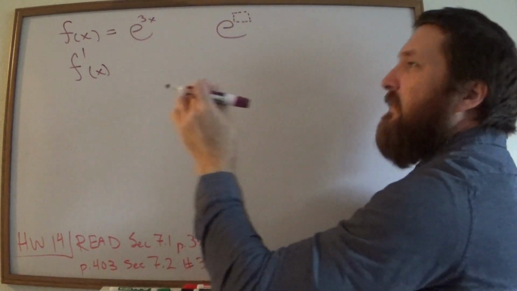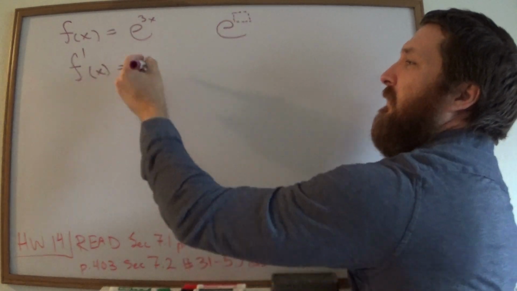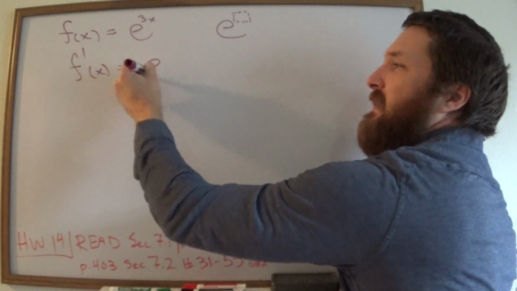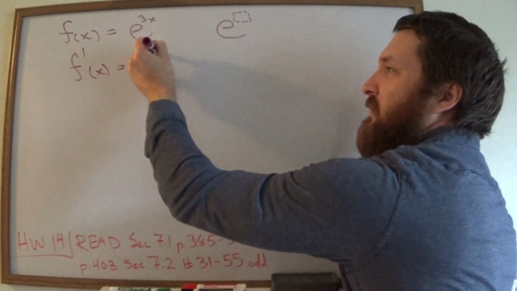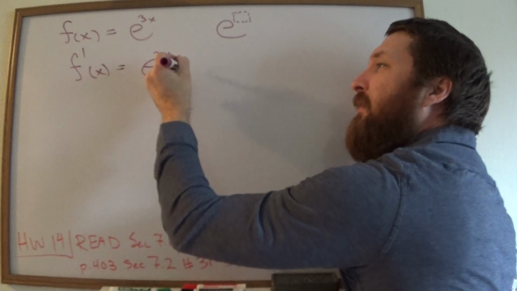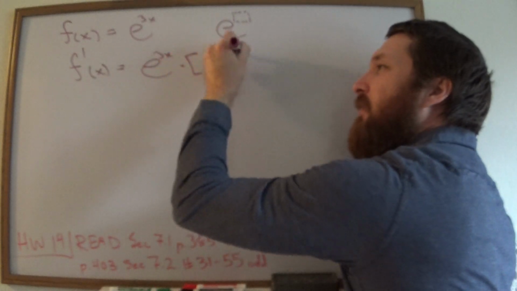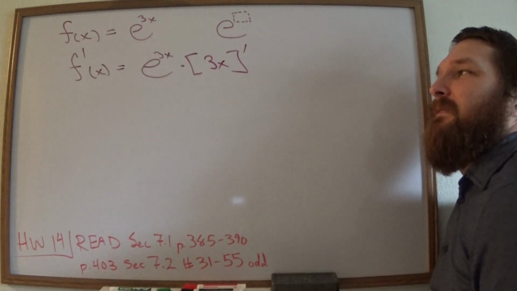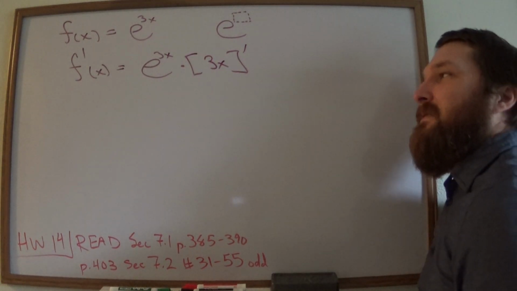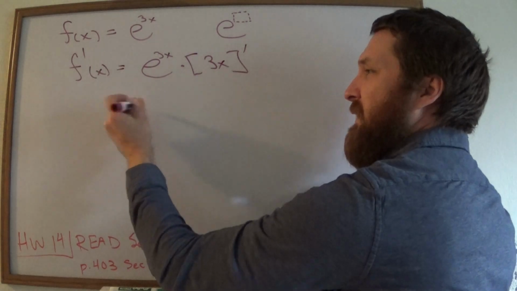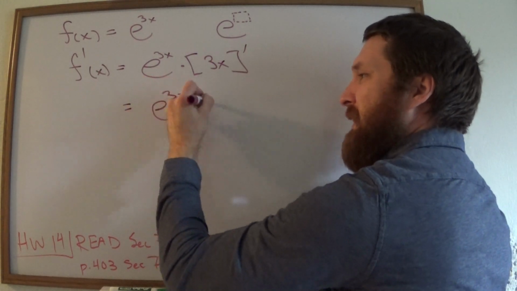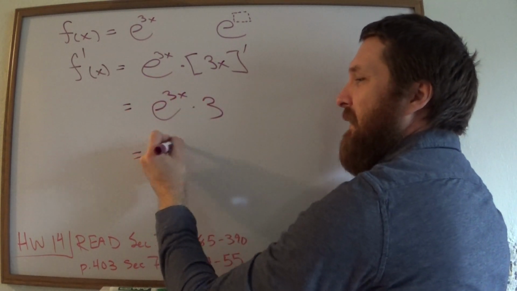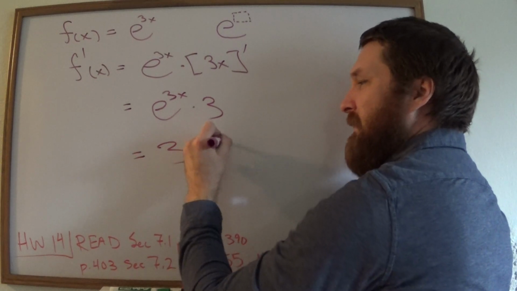What's the derivative of e to something? It's just the same. It's just e to whatever is in there. Then we multiply by the derivative of the inside stuff. What's the derivative of 3x? Just 3. So that's e to the 3x times 3, or a nicer way of writing that is 3 e to the 3x.